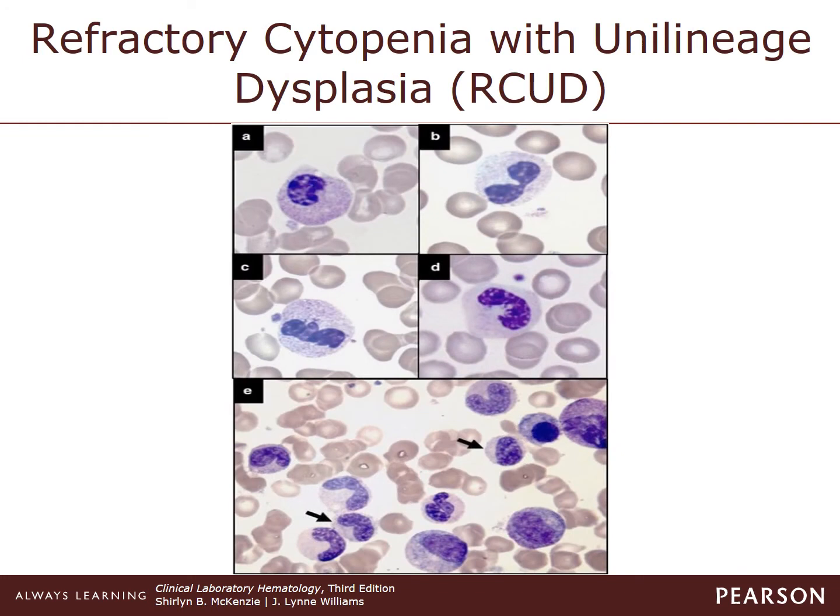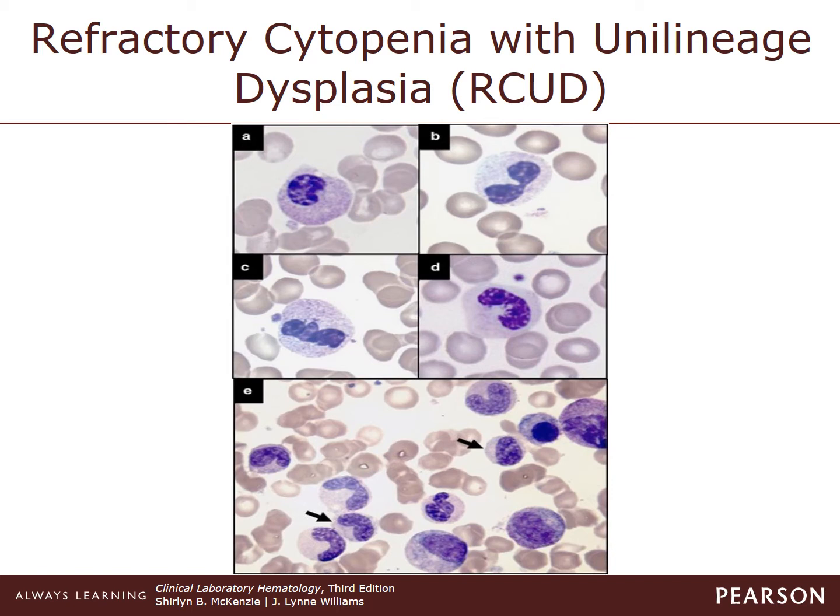So the first classification is refractory cytopenia with unilineage dysplasia. These patients present with symptoms that are related to cytopenia, namely fatigue or shortness of breath if there's an anemia present.